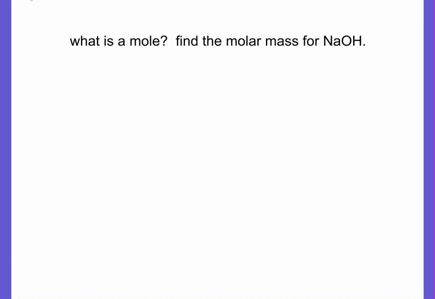Remember that a mole is 6.022 times 10 to the 23rd of anything, right? In context of solutions, a mole of your solute is going to be a lot of stuff. It's going to be 6.022 times 10 to the 23rd of those given particles, atoms, whatever they happen to be.